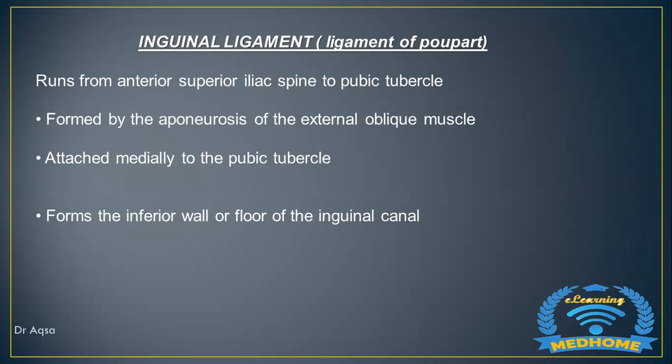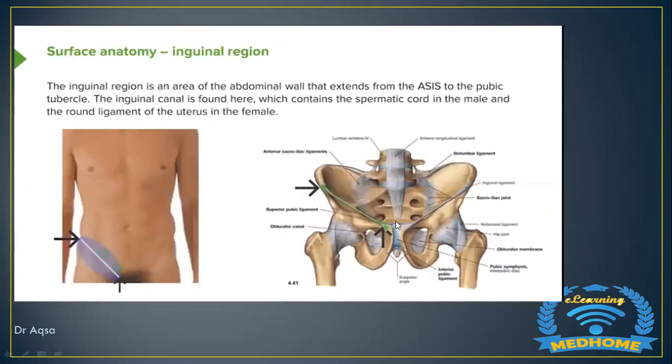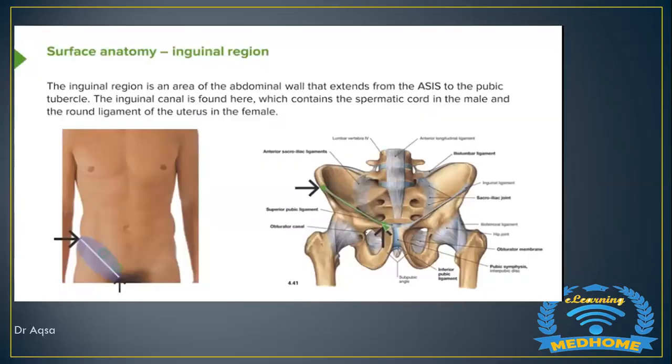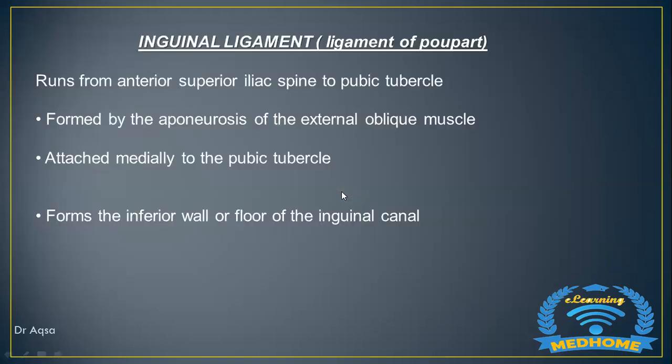It is formed by the aponeurosis of the external oblique muscle. It is medially attached to the pubic tubercle, and it forms the floor of the inguinal canal, because inside lies the inguinal canal that we are going to study just now.